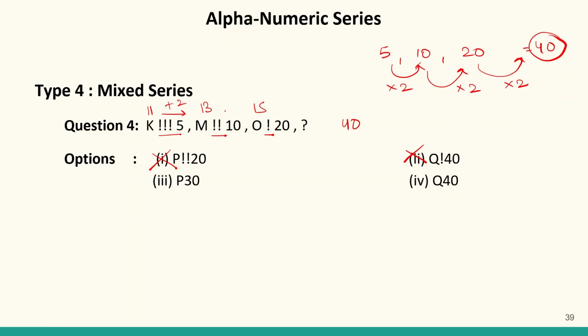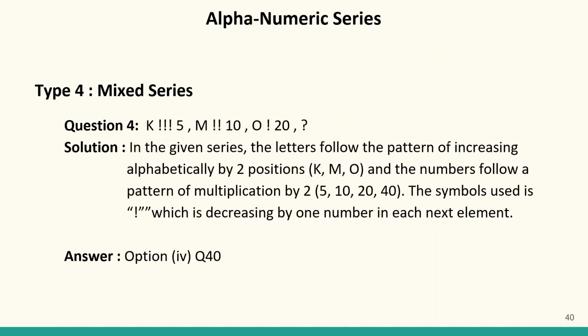We are increasing the positions by 2. So if we increase the positions by 2, we have to find the 17th rank, which is Q. So the answer will be Q40. I hope this is clear. Okay. Now let us move on.